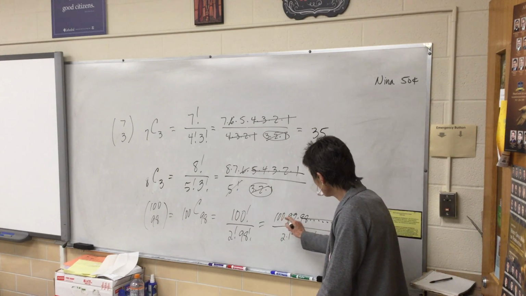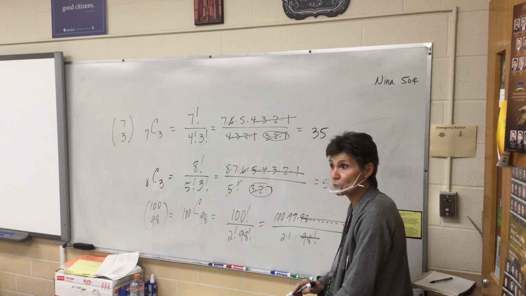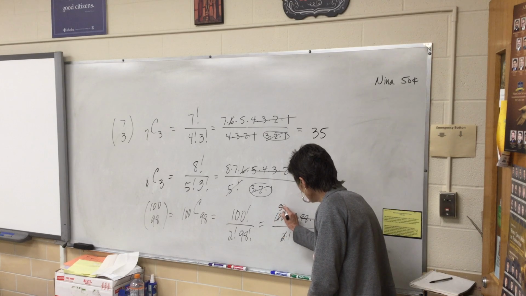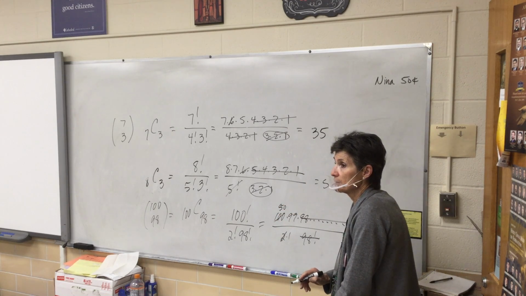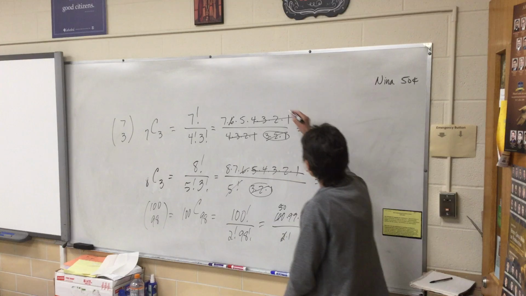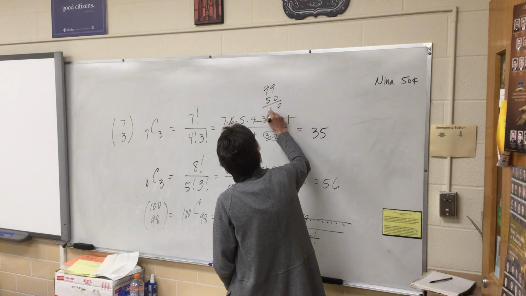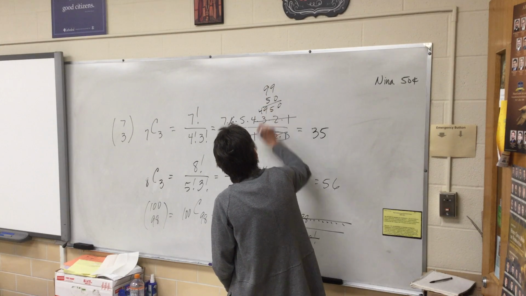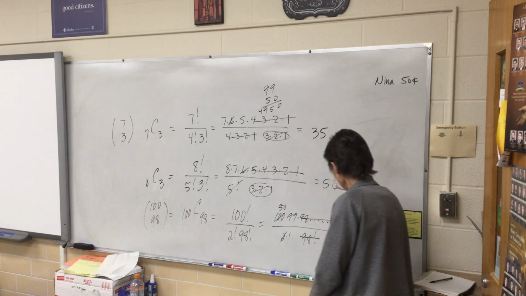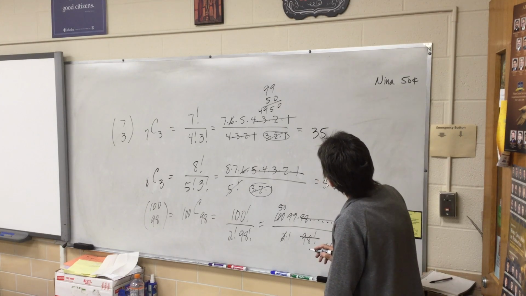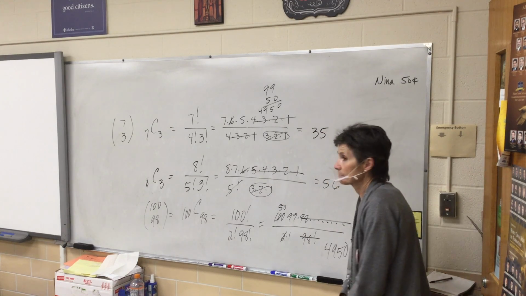So you have 100 times 99 over 2. But you could cancel 2 into there and get 50. So whatever 99 times 50 is, that will be our answer. 4,950? If I multiplied right, which hopefully I did.